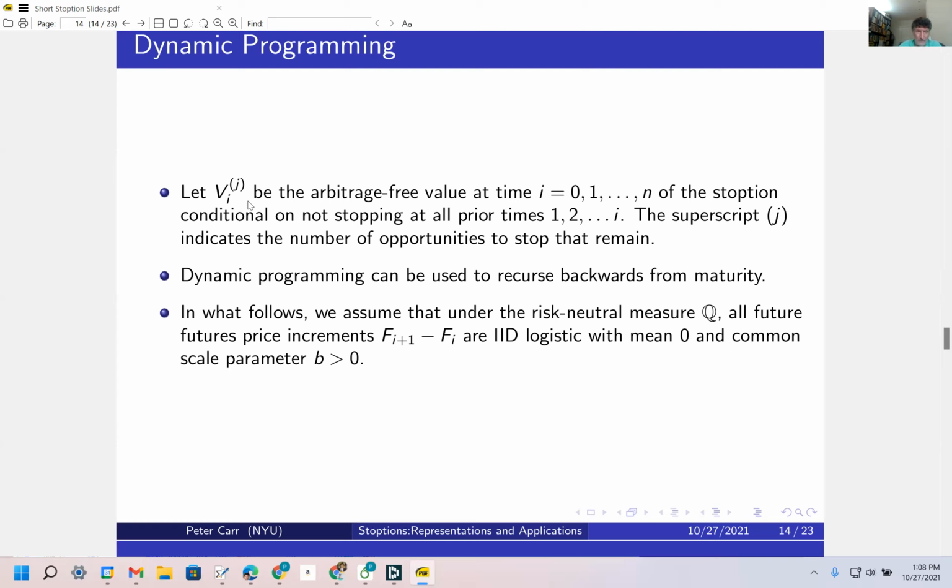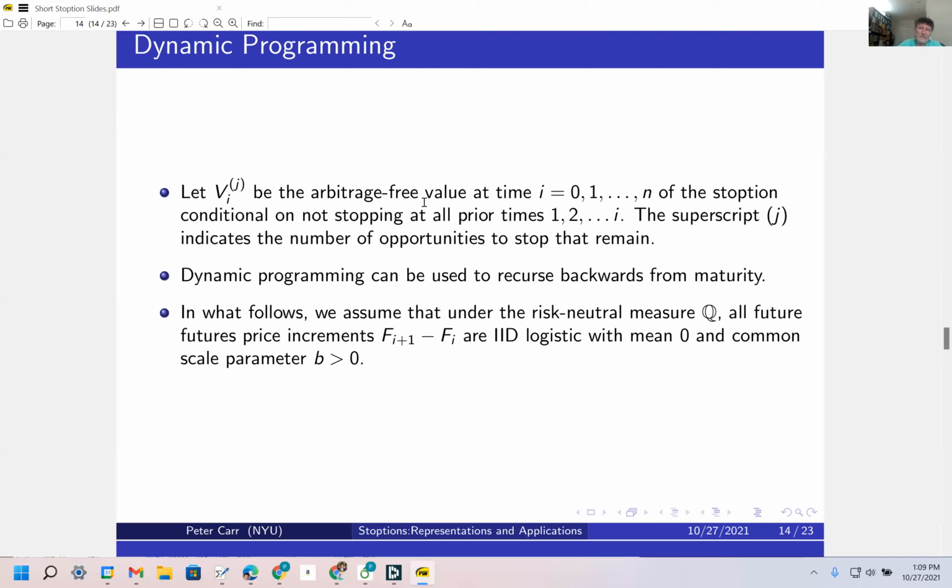I don't actually need that superscript, but it's just a helpful reminder. If you know i, you know j. j is n minus i, but I just prefer to have it there. And V_i^[j] is the value of the stoption, conditional on not stopping prior, but having the ability to stop after. And j is the number of times you can stop after.